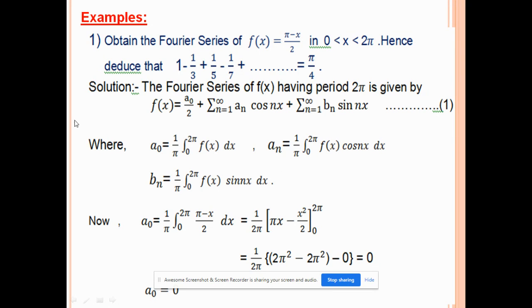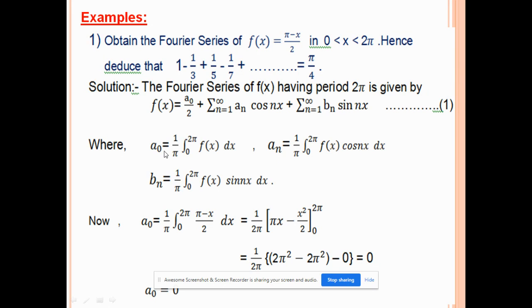Next, we know the constants: a naught is equal to what, an is equal to what and bn is equal to what. Here the limits are from 0 to 2 pi, instead of c to c plus 2 pi, take 0 to 2 pi. These are the Euler's formulae.